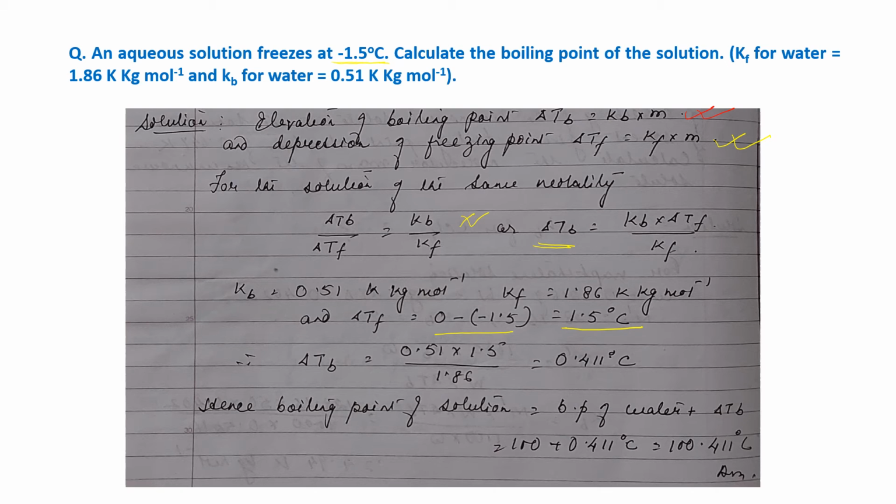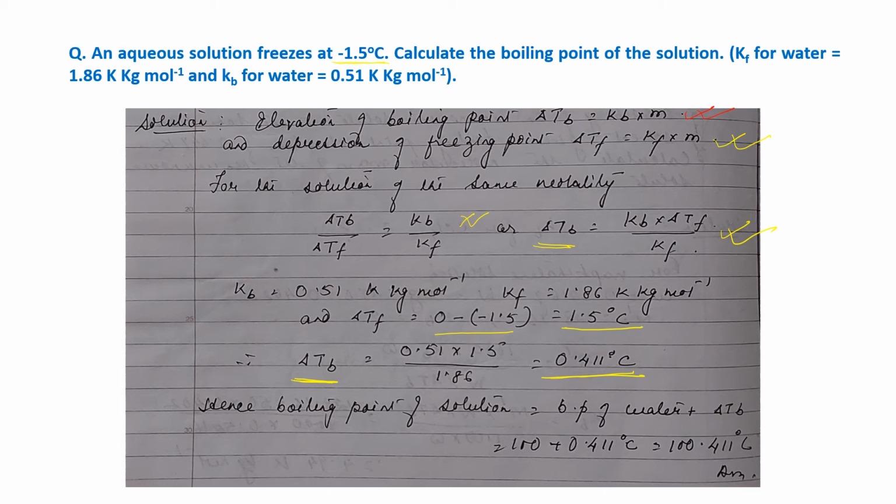Children, please be very careful about it. Now put all the values in this formula and we are getting 0.411 degrees centigrade. Now this we are getting is delta Tb, elevation in boiling point, not the boiling point.